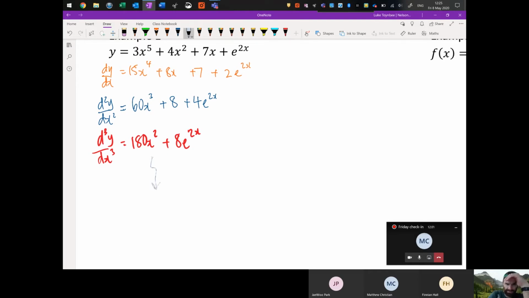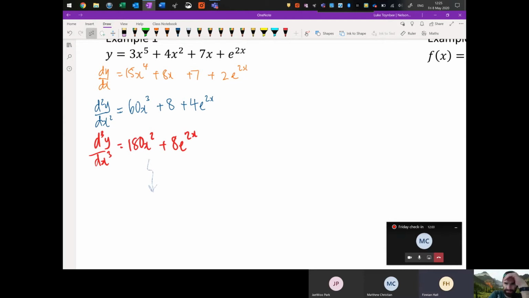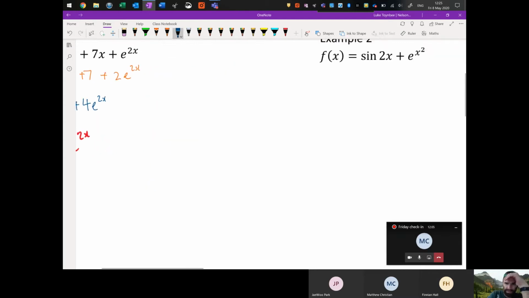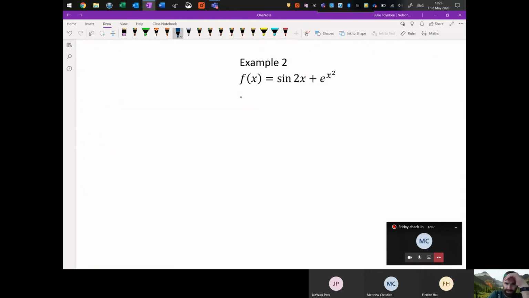Any questions there? No, that's all good. The only thing really is to make sure you know about the notation. So f dash x, differentiate sine 2x, I get 2 cos 2x, don't I?